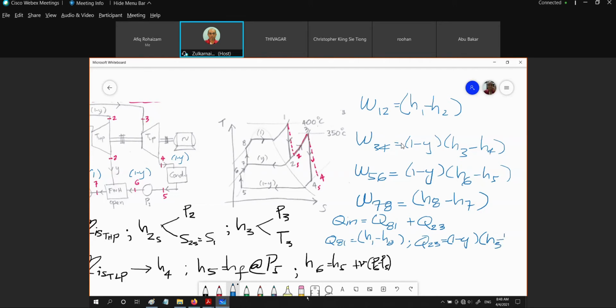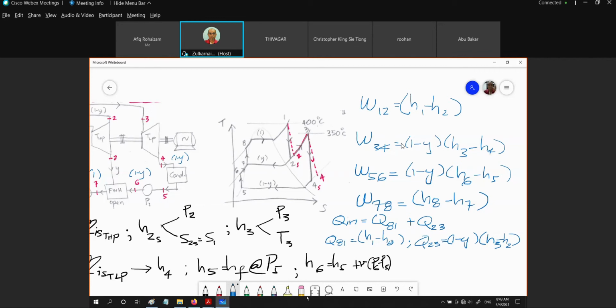This is the work and also the analysis of the heat. And after this, we could get the W net.